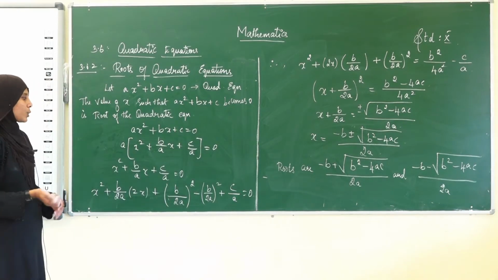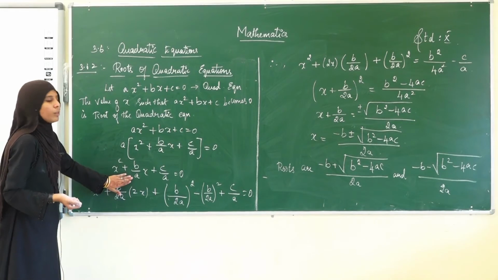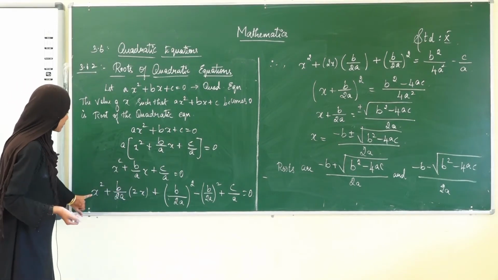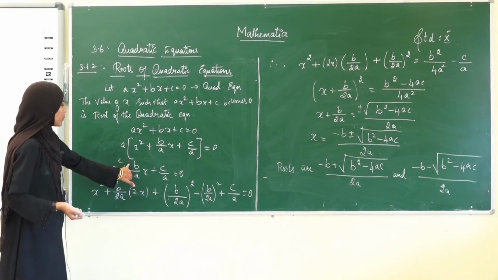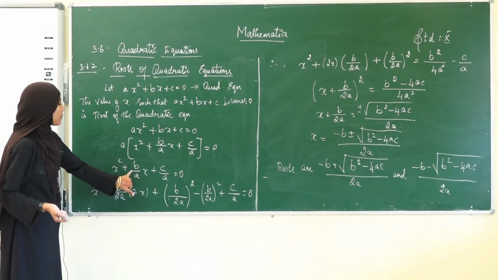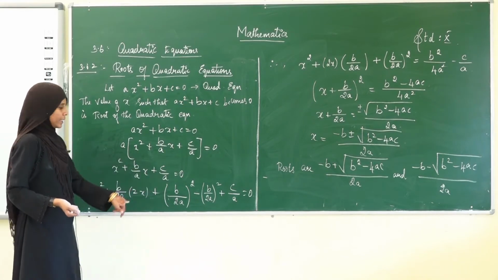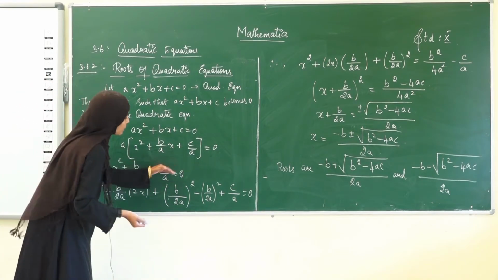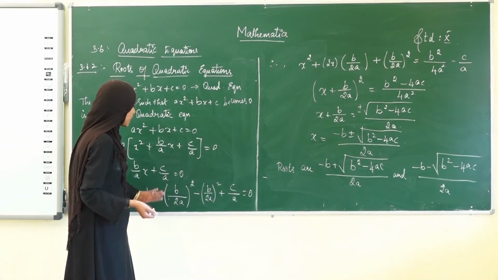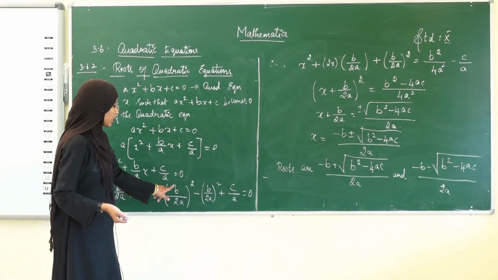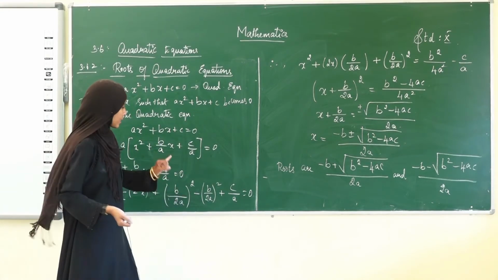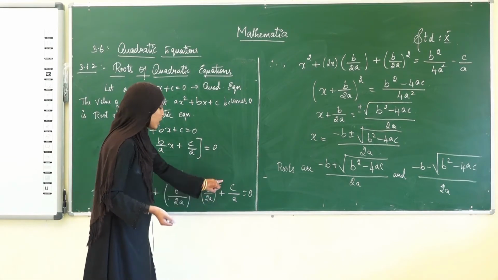Now what we are going to do is, in this term, we are both multiplying and dividing by 2. x square comes as it is. For this term, we are both multiplying and dividing by 2. Therefore, b divided by 2a into 2x plus, then we are adding and subtracting the same term, that is b divided by 2a the whole square.